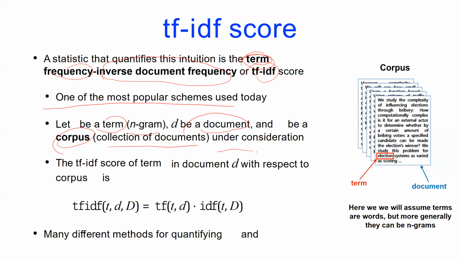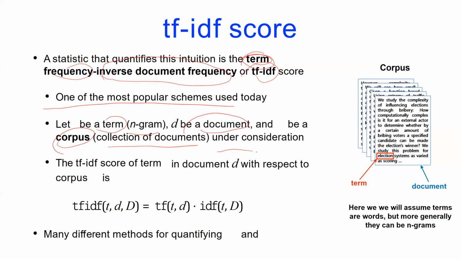So, for example, let's say our goal is to find some score measure within Wikipedia. Then each Wikipedia article will be a document here, and the complete Wikipedia, all the articles inside Wikipedia, we call the corpus.